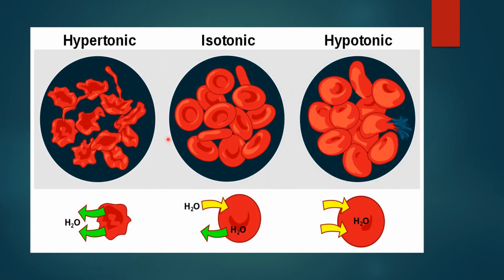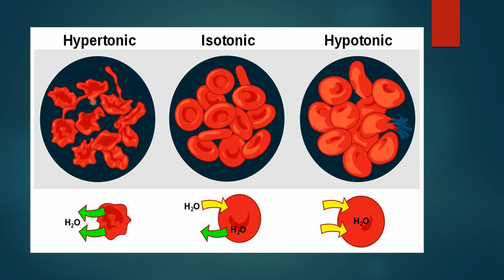In this picture, you can see that the blood cells are present in isotonic solution. The amount of water which is going out is equal to the water going in. In case of hypertonic solution, when red blood cells are in hypertonic solution, the water is moving from inside to outside.